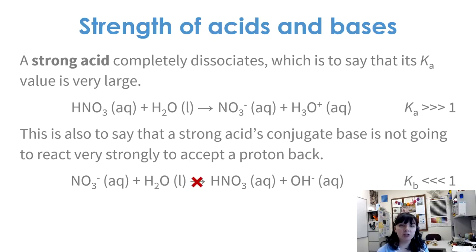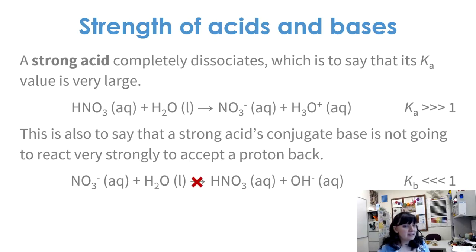But because this initial acid dissociation is completely forward, the reverse reaction essentially won't be able to happen at all. And I know that these are not perfect reverses of one another, but it's a similar idea of the nitrate turning back into the nitric acid, right? It's not really going to occur that way because that forward reaction was so strong.